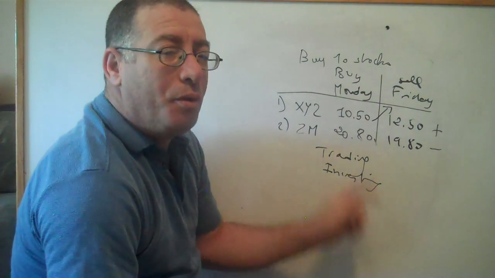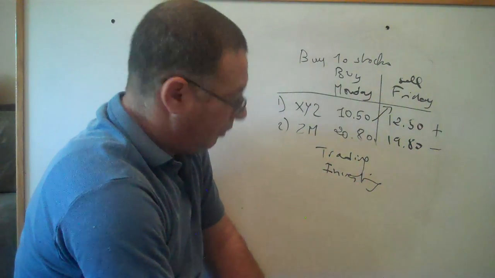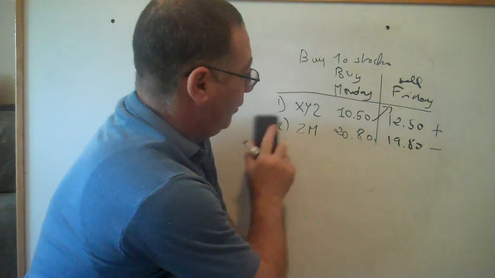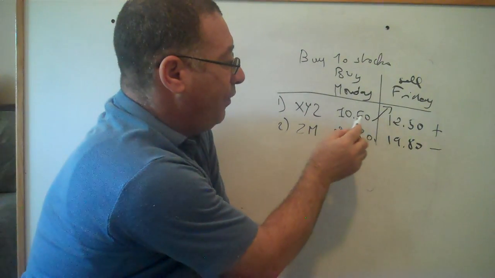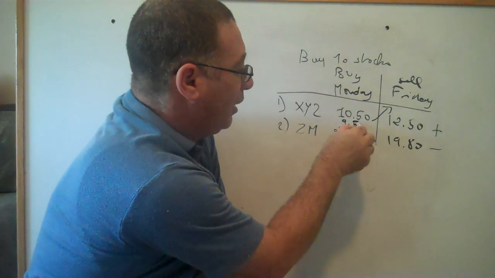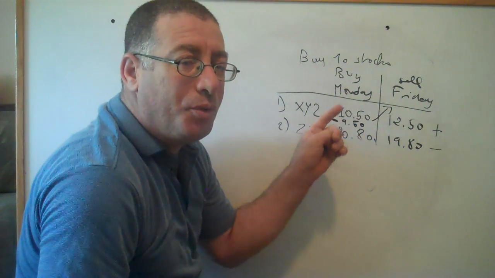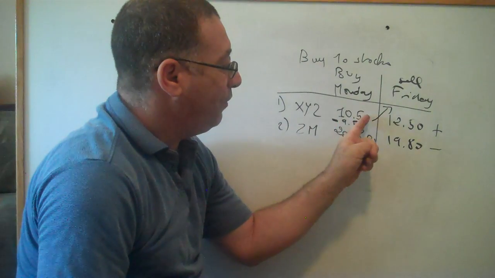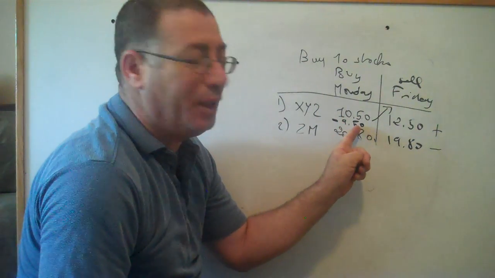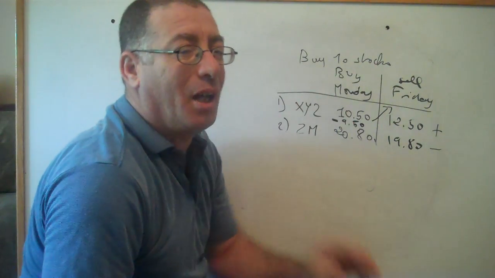If these two, you put a stop loss, as an example, here is 10.50, you put a stop loss at 9.50. You say, if the stock goes down from 10.50 to 9.50, which is $1, which is 10% or something, I will sell the stock.